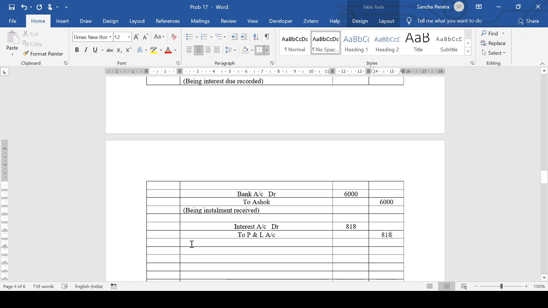Being interest transferred to P&L account.